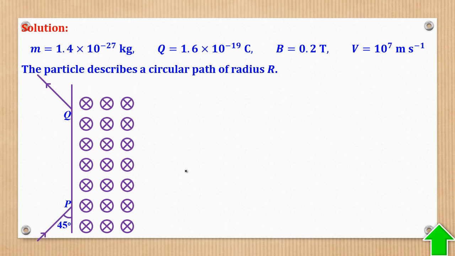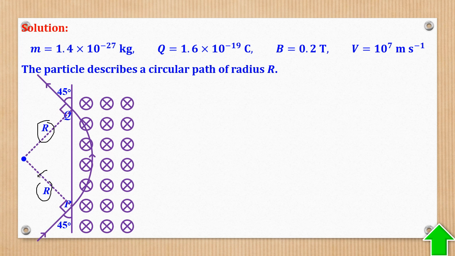So that means that from P to Q it was circular. And because it is circular, it should have a center. That center is here, meaning this is r, this is also r.